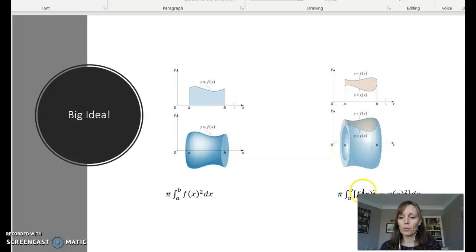So here what we're doing is what I would consider the outer radius, so that's f of x being squared, minus the inner radius. And again, I would really challenge you to be visualizing exactly what it is that's being created so that you know how to define that radius properly.